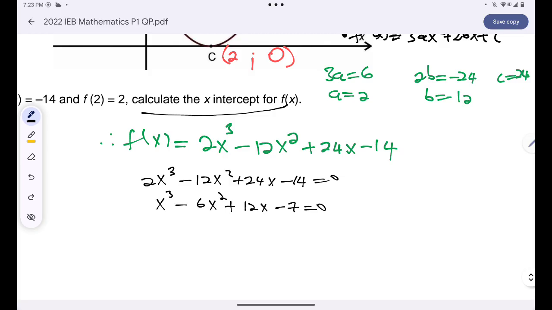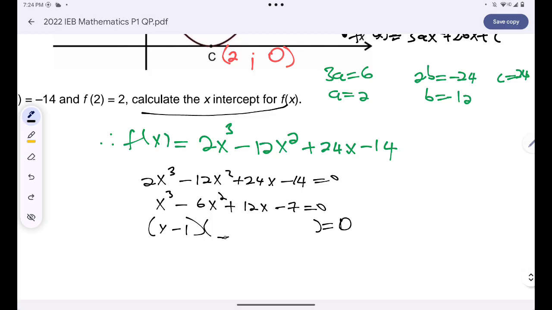Let me find the value which will work here. Trial and error, guys. 1 cubed minus 6 times 1 squared plus 12 times 1 minus 7. Okay, so I know that I have x minus 1 as a factor, right?